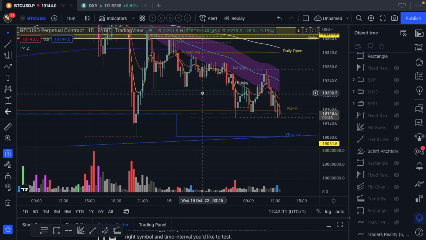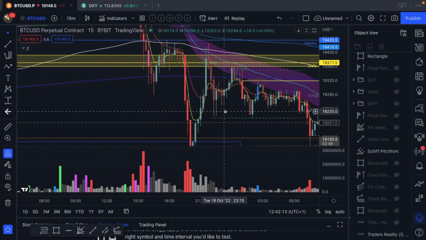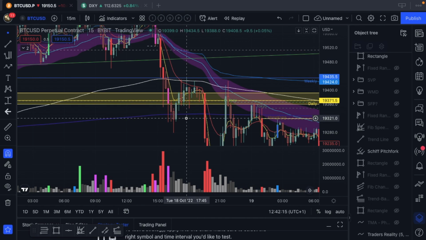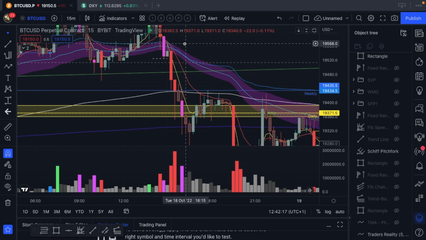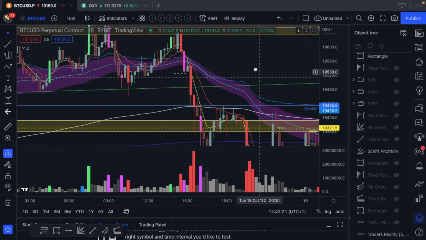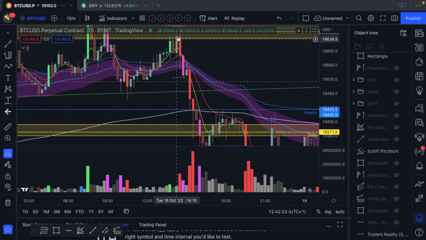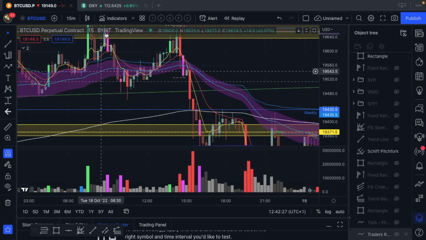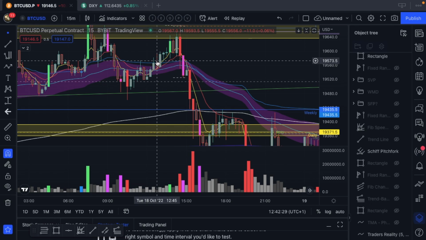And I'll give you an example. So actually this is an example of breaking the dragon. So the dragon is pretty well sleeping. We've come down, and then we get this big green vector.